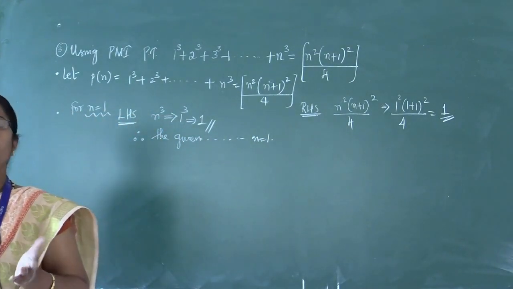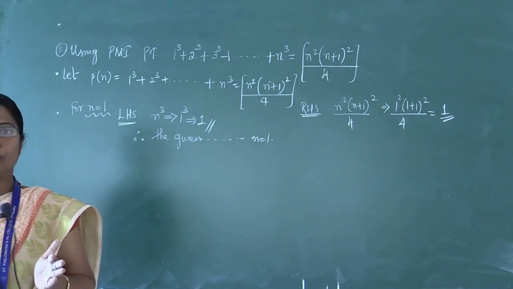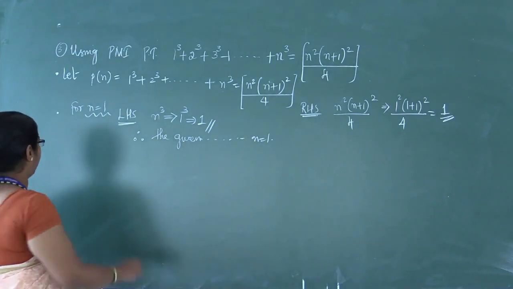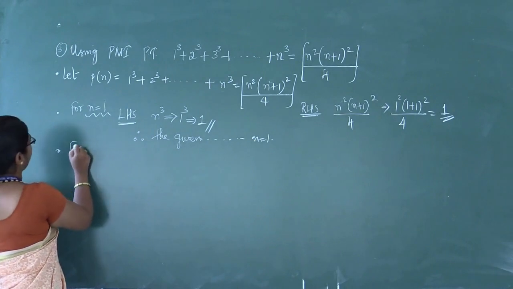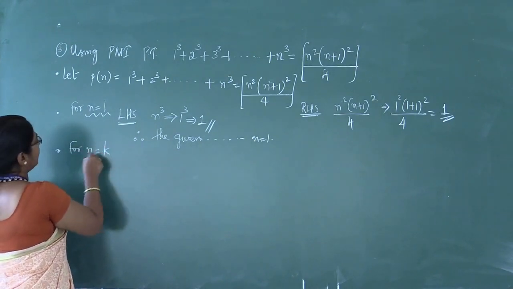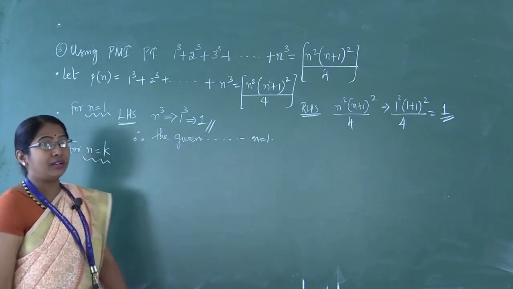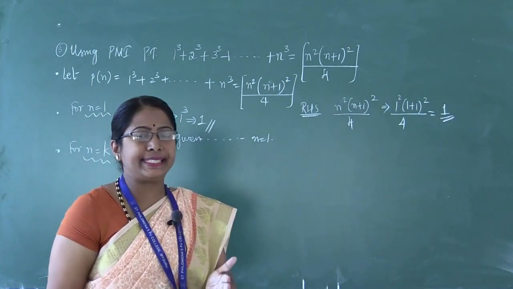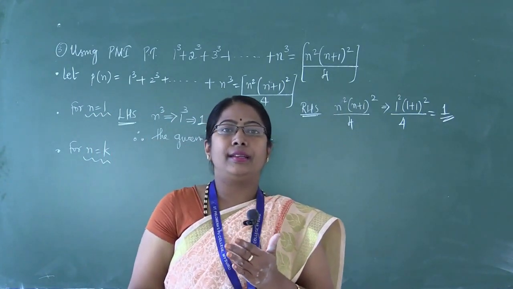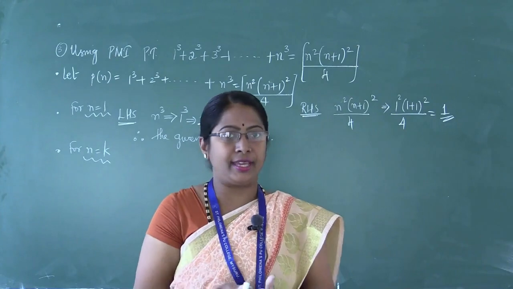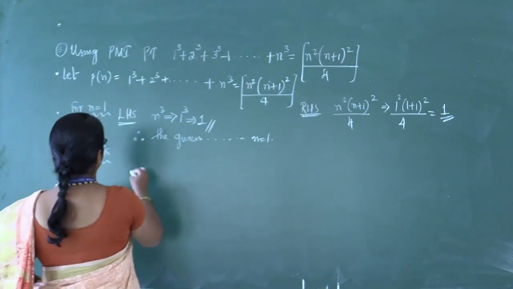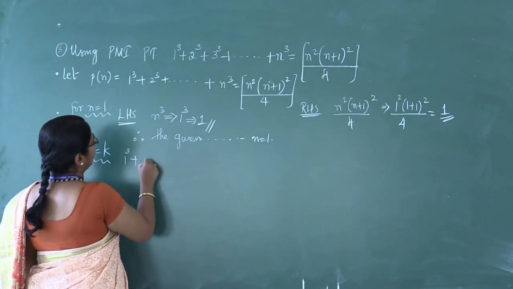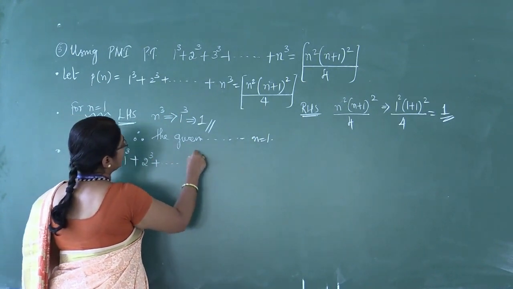Next, what is the next step? We are assuming the given statement is true for n equal to k. So, for n is equal to k. As mentioned earlier, wherever there is n, you will replace the term n by k. So, what does the given question become now? 1 cube plus 2 cube plus etcetera.